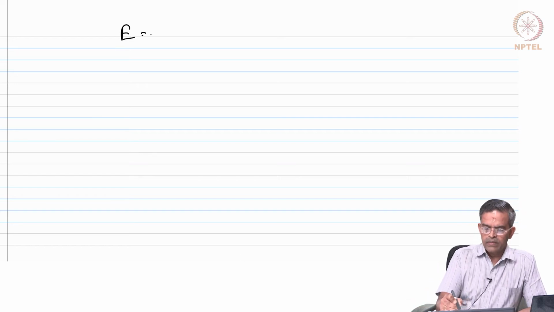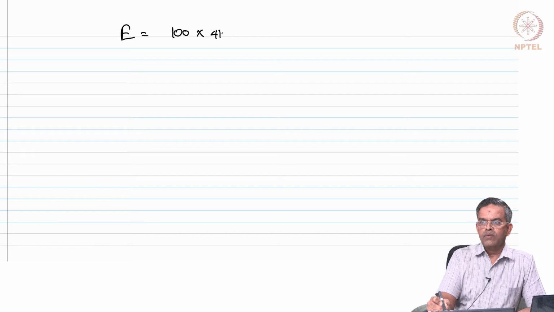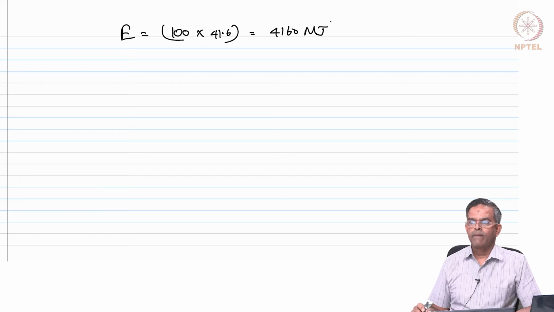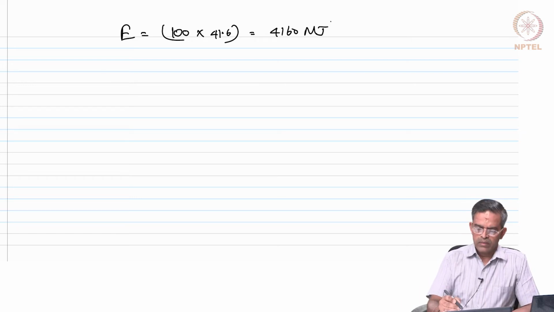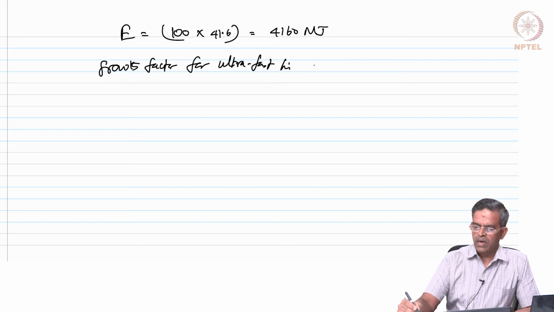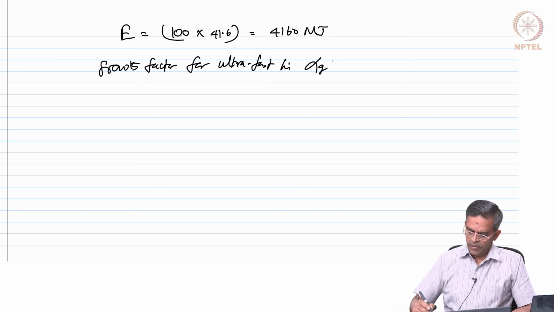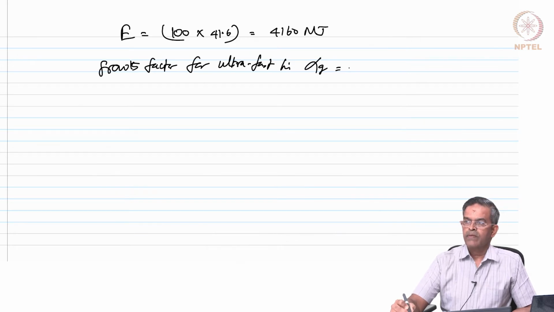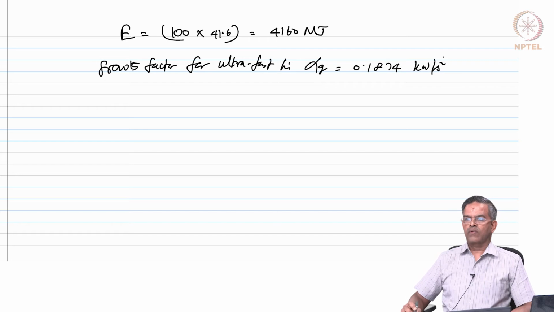E is 100 into 41.6, which is 4160 megajoules. The growth factor for ultra fast fire, that is alpha g. From this table you can see it is 0.1874 kilowatt per second square.